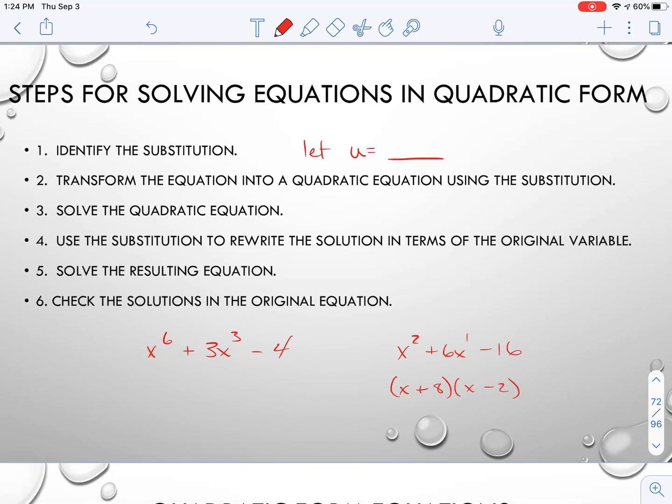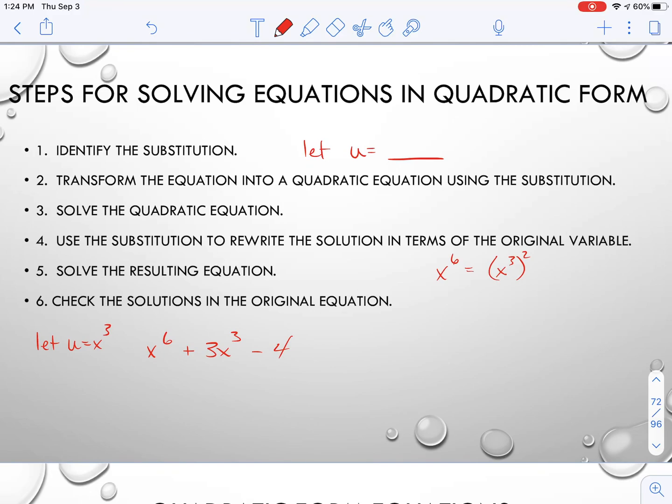Here, if you look down at the bottom at my example, x to the sixth is the same thing as x cubed all squared. I want to be able to write that lead term as some quantity to the second power. So in this case, I'm going to let u equal x cubed.